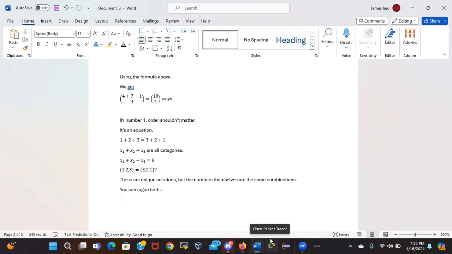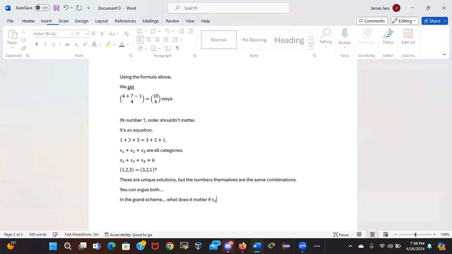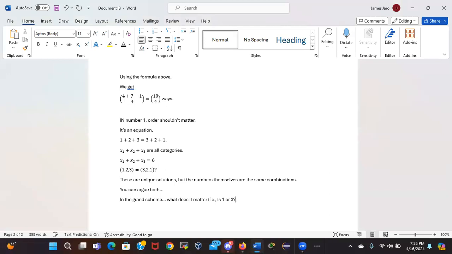Yeah, I would really say 1, 2, 3 is technically the same as 3, 2, 1, because in the grand scheme of things, what does it matter if x1 is 1 or 3, right? That's not what we're caring about. It's more about if it equals 6, more or less.